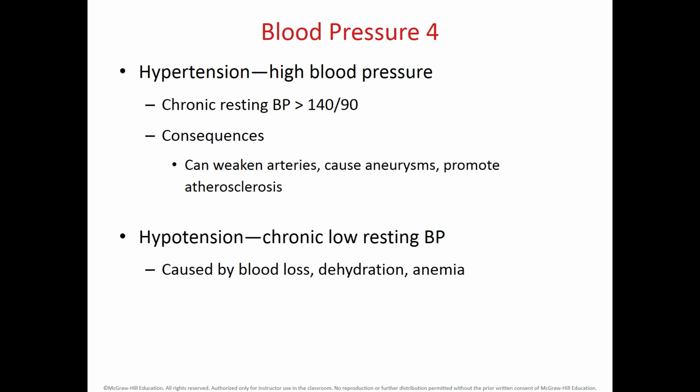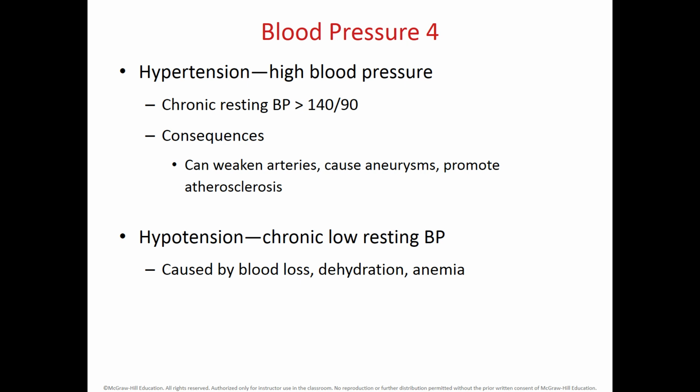If someone has high blood pressure, this can damage the tissues in our body, like our arteries. Also, it can cause aneurysms, or it can promote the formation of plaques inside the blood vessels, or atherosclerosis.